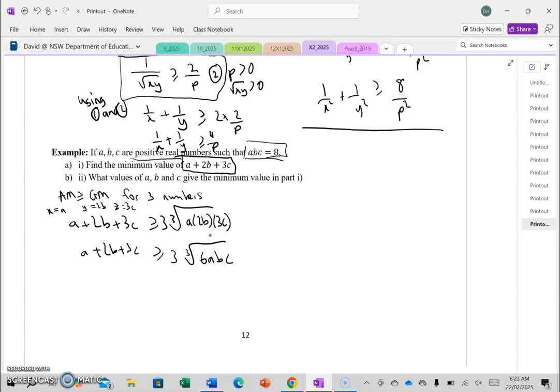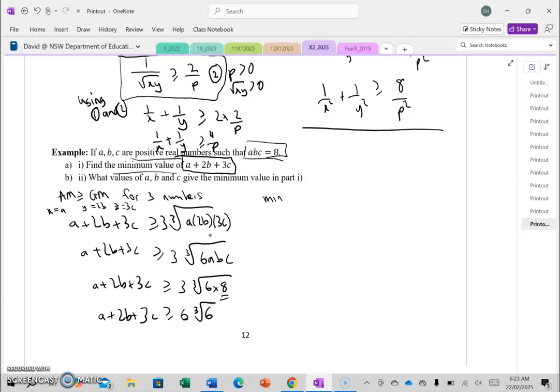Okay, so cube root of 6 times 8, and cube root of 8 is 2, so we can pull the 2 out, and that'll be 6 cube root 6. So if I want to find the minimum value, it will be the equal case.